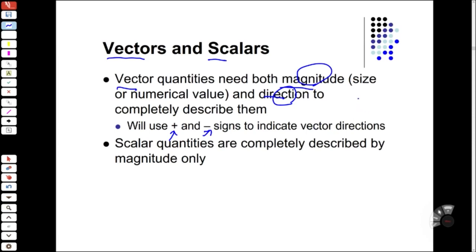Plus means the direction is positive, minus means the direction is negative. But scalar quantities are completely described by magnitude. For example, the distance that was mentioned is a scalar quantity, and the displacement is a vector quantity.